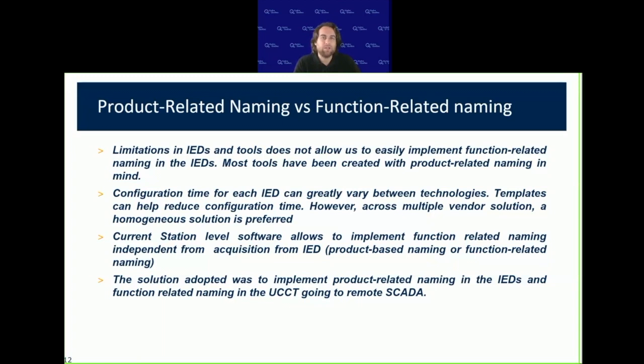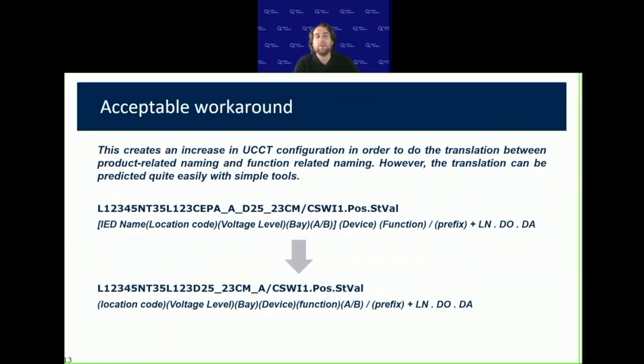Unfortunately, this translation at UCCT would increase the configuration time at the UCCT level, meaning that you would reduce it at the IED level if we harmonize and go with what the tools allow us, but increase it at the station level. However, this is how we went because our common data model allows us to generate the function-related naming as well as the product-related naming.